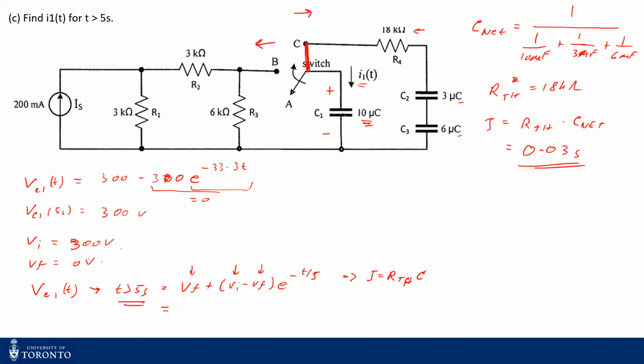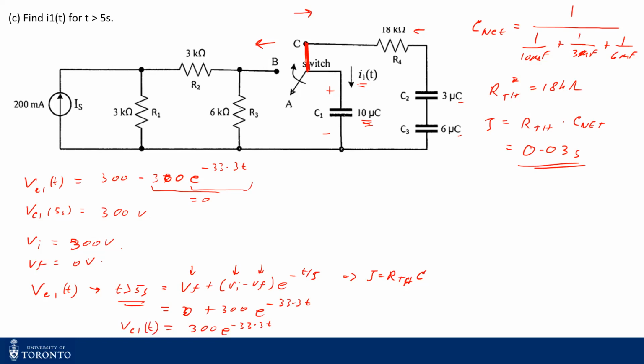In this case, it's 0 plus 300 minus 0, which is 300 e power minus 33.3 t. So that's your new VC1(t) for t greater than 5 seconds.